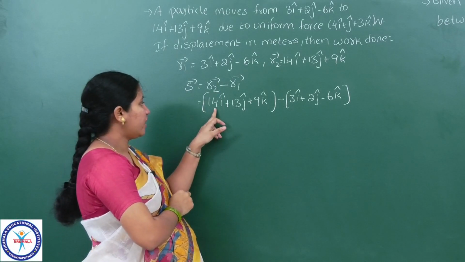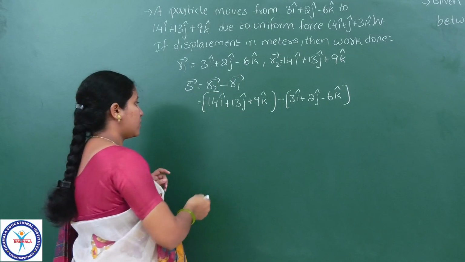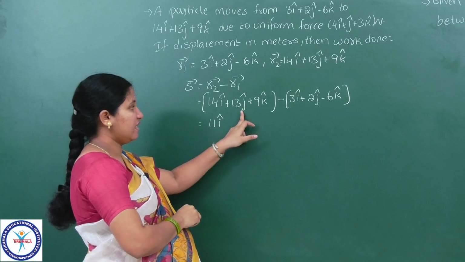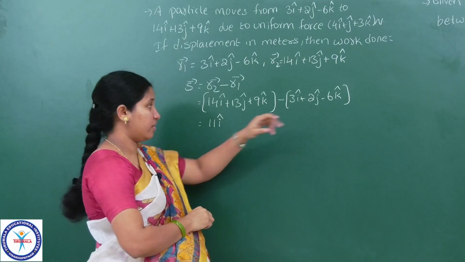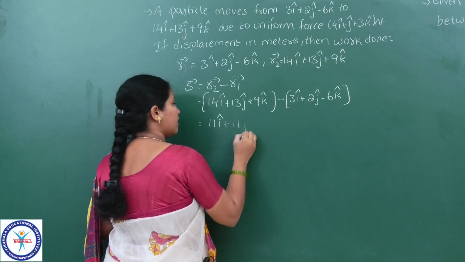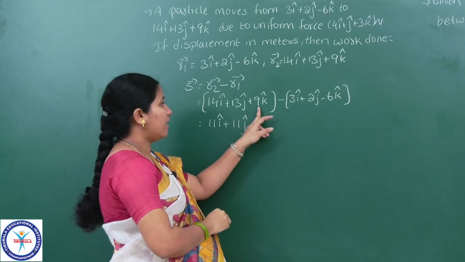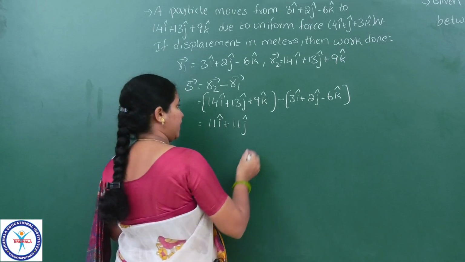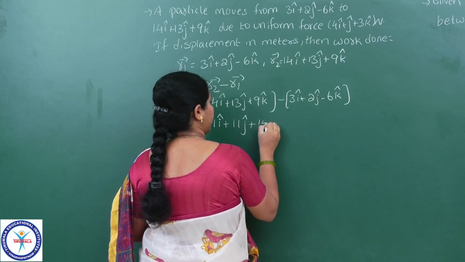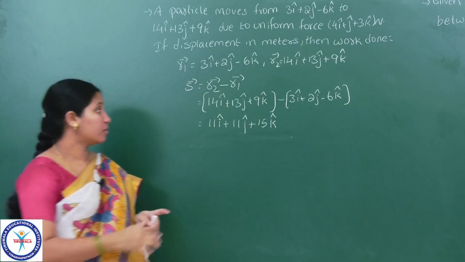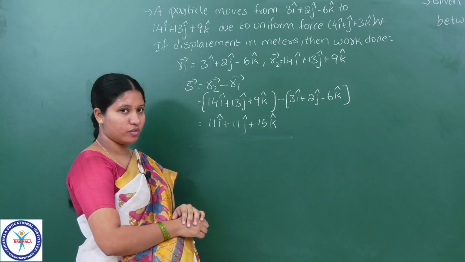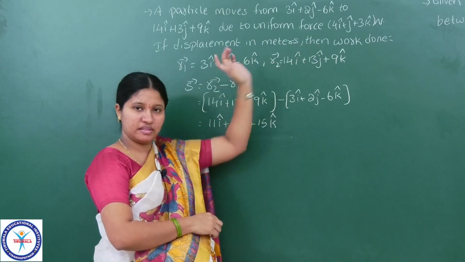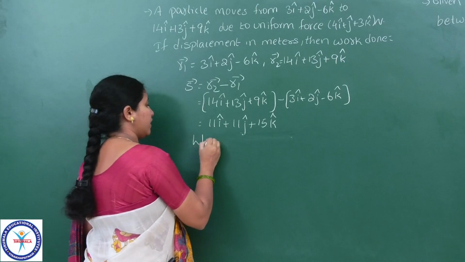So, here 14i minus 3i gives us 11i cap, and 13j minus 2j we get 11j cap, and 9k minus of minus 6k, plus 6k, we get 15k. So, we have obtained S bar value. So, given force vector is 4i cap plus j cap plus 3k cap. So, let us find work done.